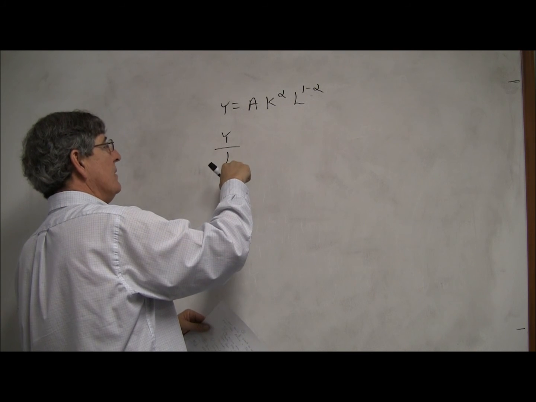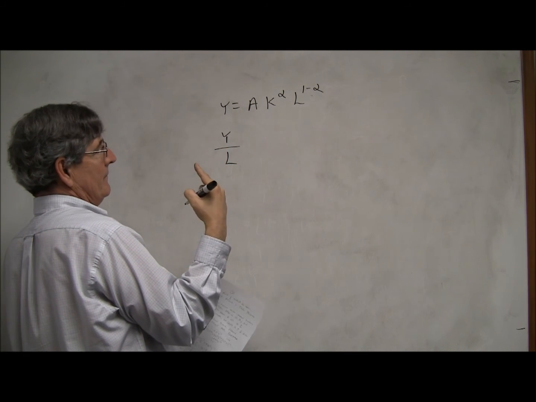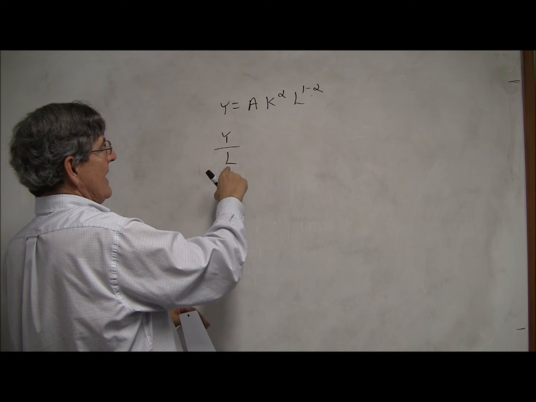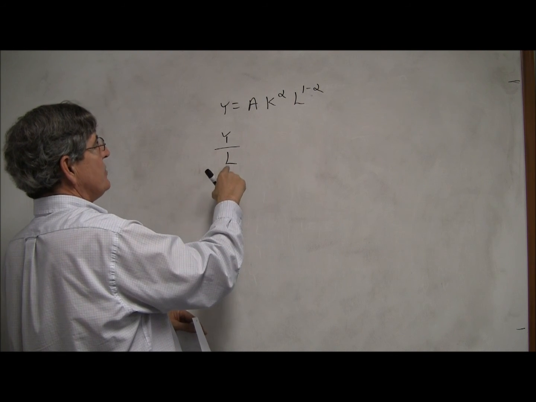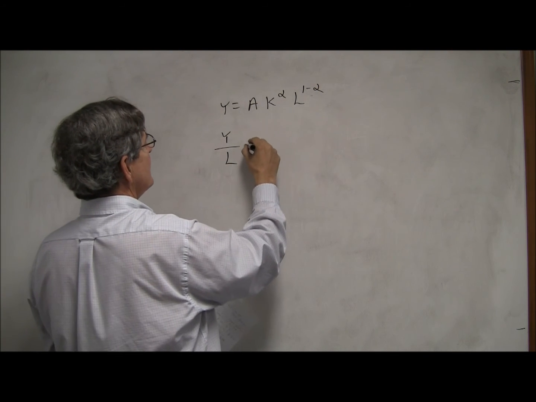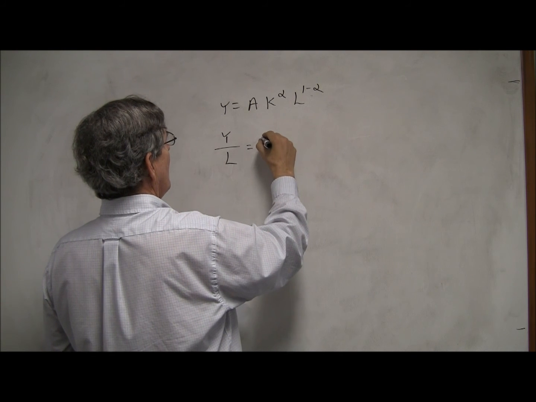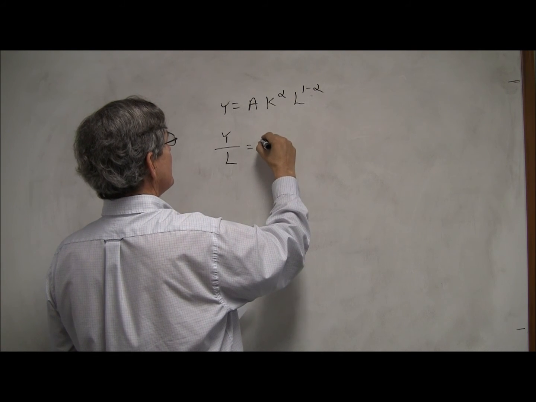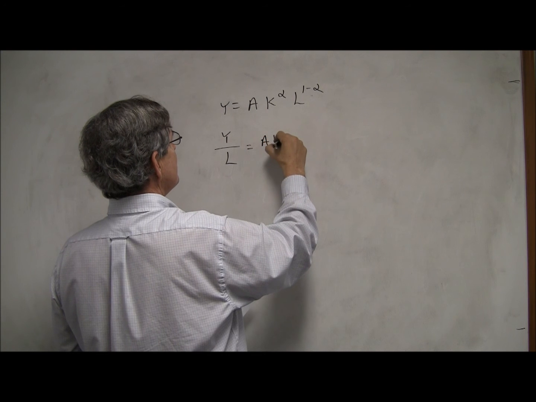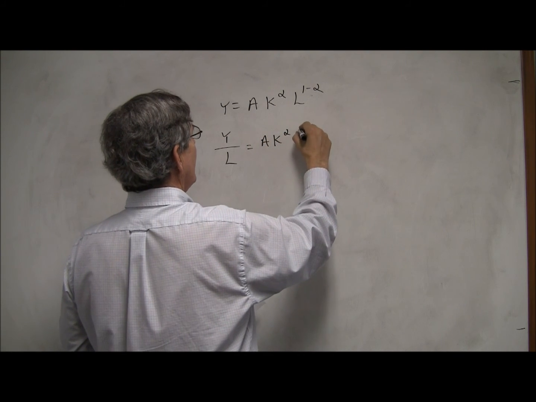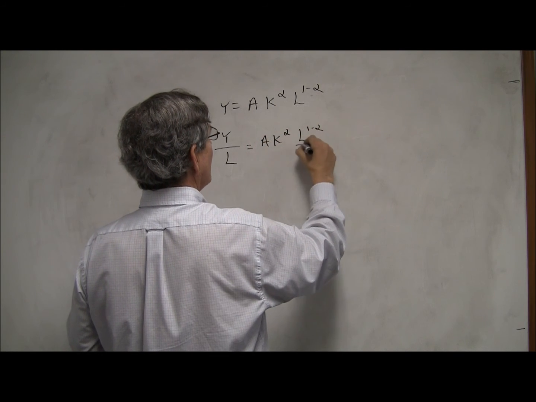L is the number of people. N's better for that. L is labor, but it's measured in numbers of people. I should be using N here. Y over N is equal to, let me do it this way, A times K to the alpha, L to the 1 minus alpha over L.